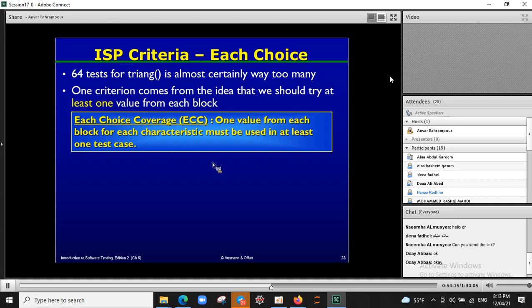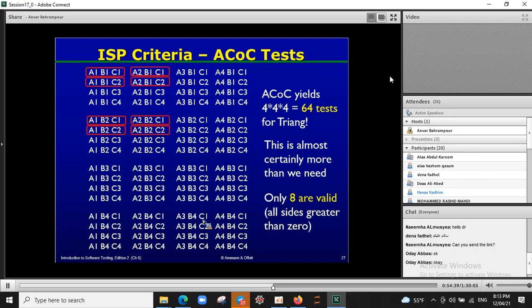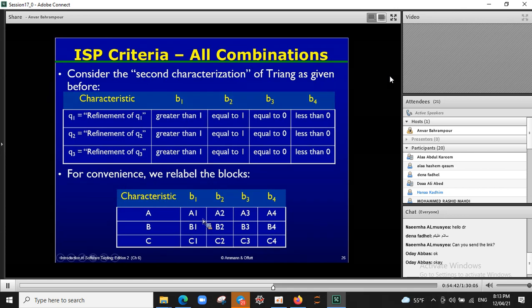On the other hand, in each choice coverage, we don't exercise our tests as much as possible, because we just check one value from each block blindly, and the relation of these blocks is not considered at all.